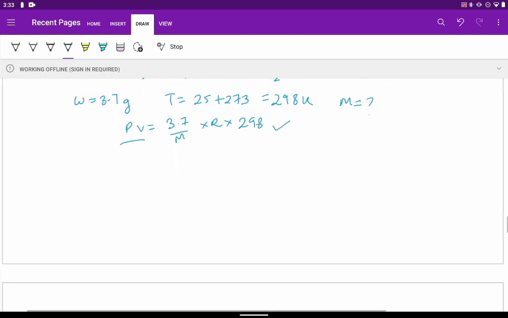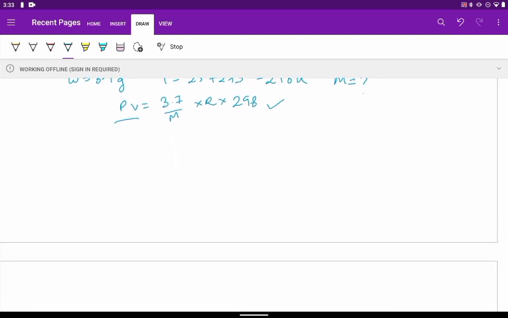So we get 3.7 by M, where M is the quantity we have to find out, into R into 298, is equal to, for hydrogen, 0.184 by 2 into R into 290.